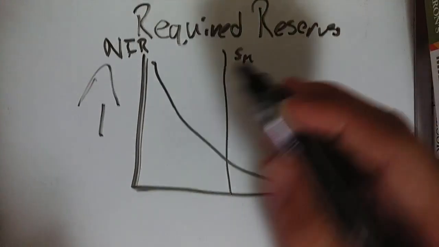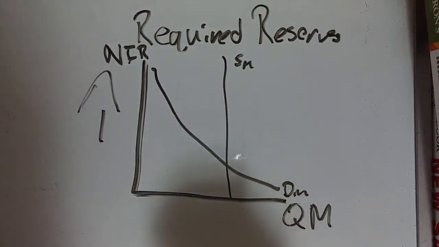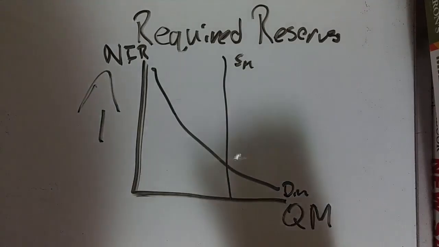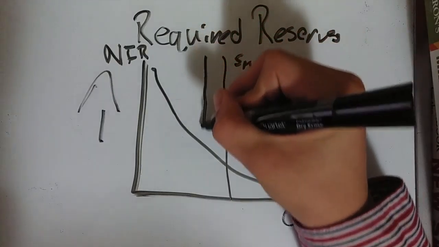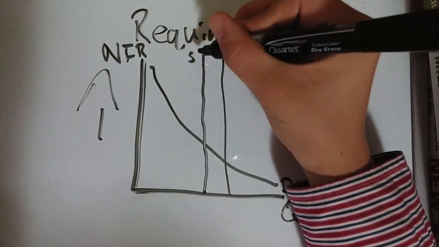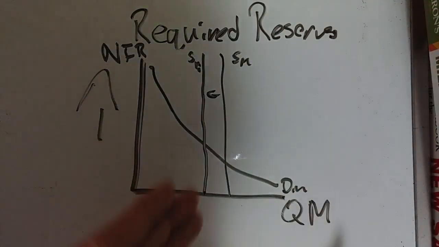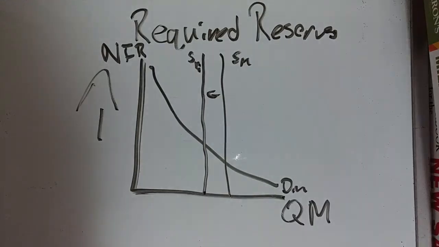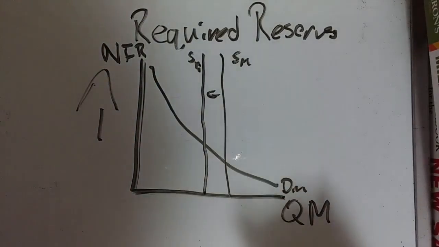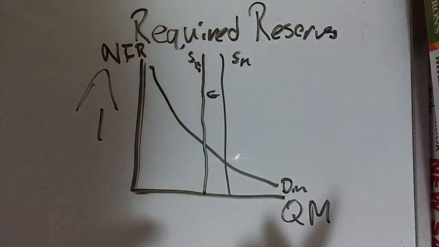If you increase required reserves, it's going to shift the supply to the left. Quick explanation why that happens. If you increase required reserves, banks have to hold more money in reserves. They can't lend out as much money. Therefore, the money supply decreases.